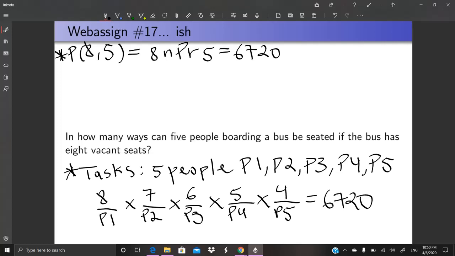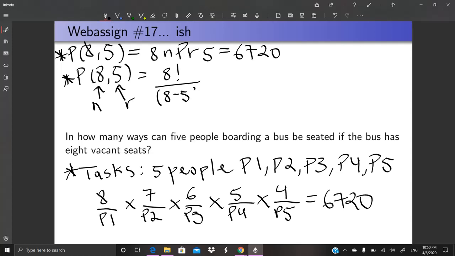So now suppose you don't know how to use your calculator to do this, then you would use a formula. You would say, P(8,5) according to the formula. So this is our n here, this is our r. According to that formula, I'm supposed to do 8 factorial, that's our n factorial, and then divide it by (8 minus 5) factorial.